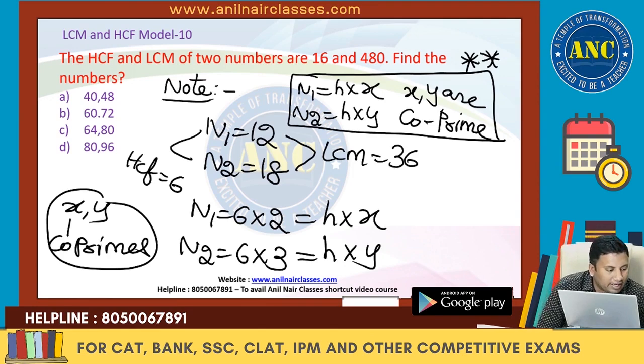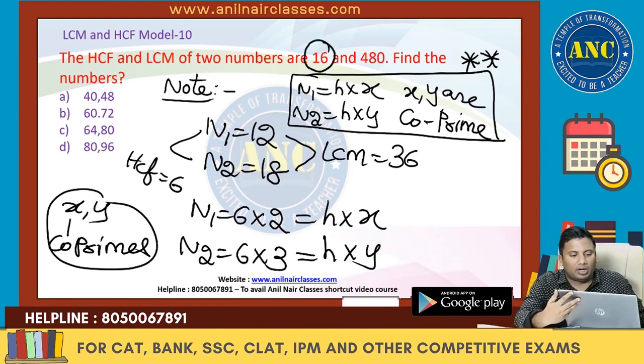Now, where can I use this concept? The HCF of two numbers is 16. What will be the numbers? 16 into something. 40 is not divisible by 16, and 60 is not divisible by 16.